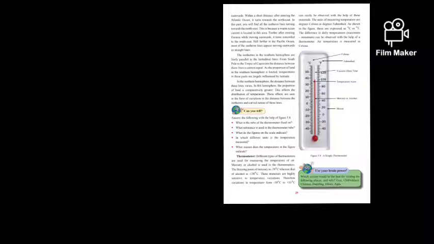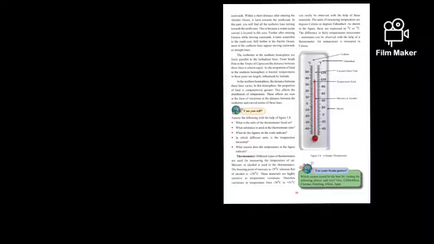As shown in the figure, these are expressed as C or F. Now the difference in daily temperature, that is maximum or minimum, it can be observed with the help of thermometer. So air temperature is measured in Celsius. You can see there the Celsius written there.